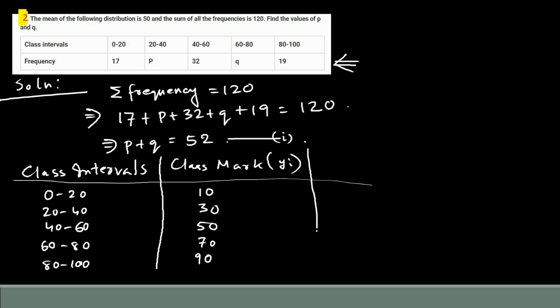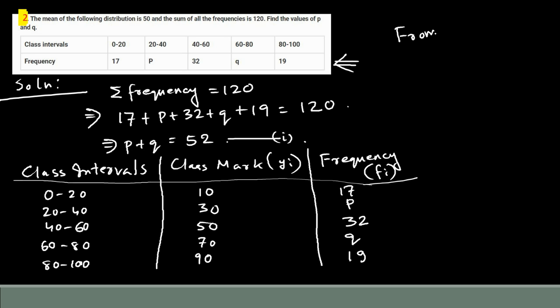Okay, and now you have the frequency given here, which is fi. Frequency is 17, p, 32, q and 19, right? So now from the direct method, what was the mean you got?